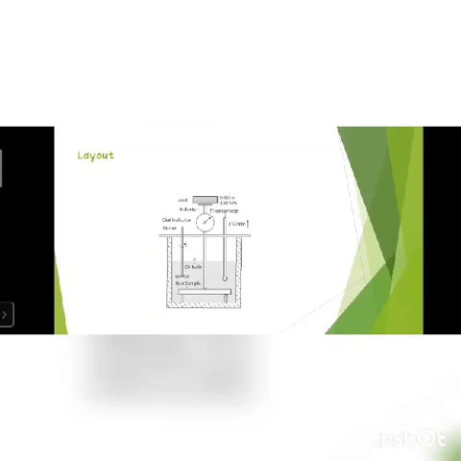Next we will explain some other methods besides the VICAT method: the ring and ball method, the Cleveland method, the Mettler softening point method, and the parallel plate stress rheometer test.